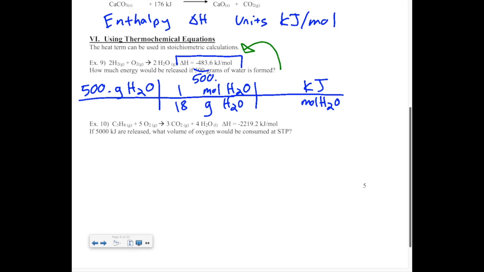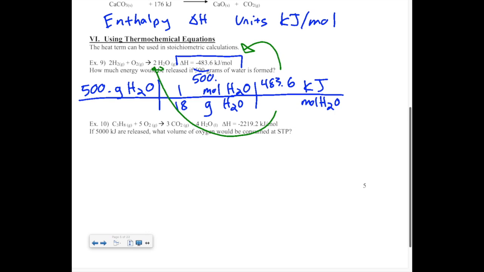But there's one extra little hitch because the number on top is going to be 483.6 kilojoules, but the number of moles at the bottom is actually going to come from the coefficient that's right here.